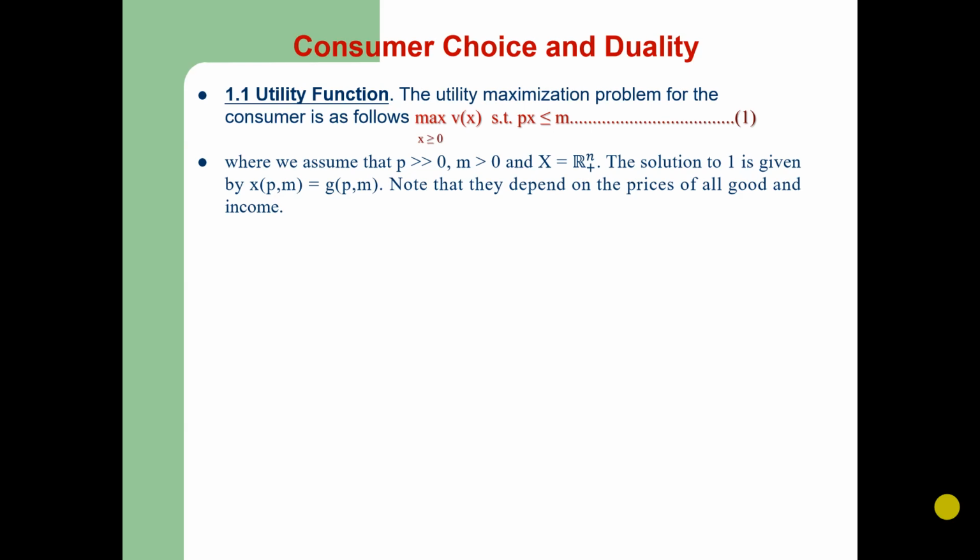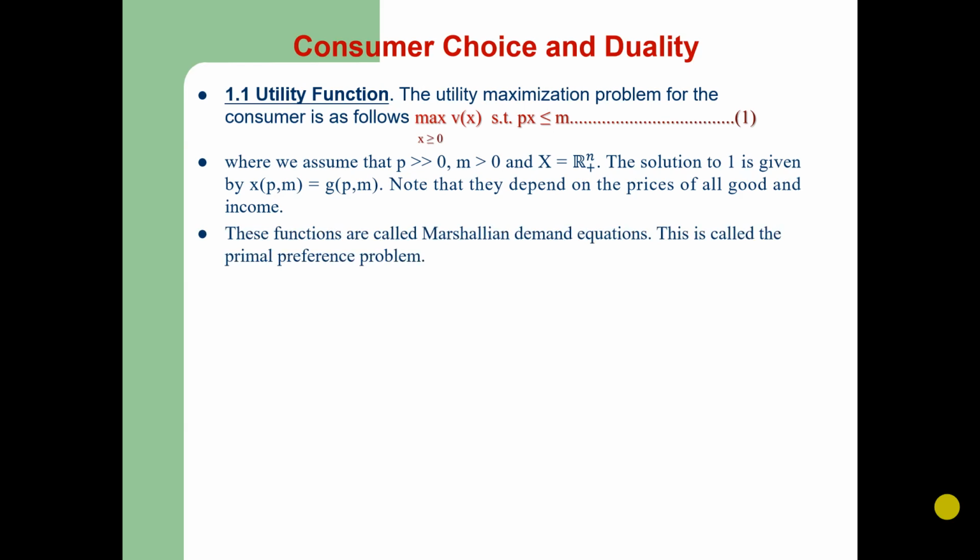So the solution to equation number 1, which I just discussed, is given by x of p, m, and that is equal to the function g of p and m. Now we may note that these functions depend upon the prices of all goods and income. These functions are called ordinary demand functions or Marshallian demand functions, and we also call them the primal preference problem.